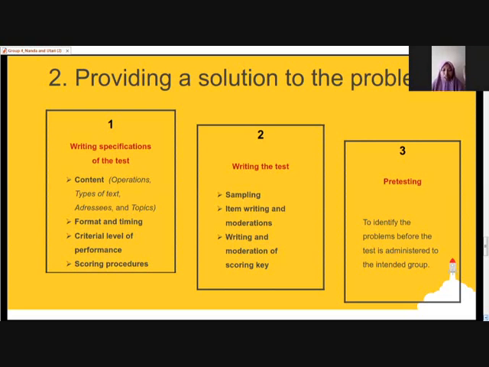And then after all the items are fixed, we can jump to the writing and moderation of the scoring key.